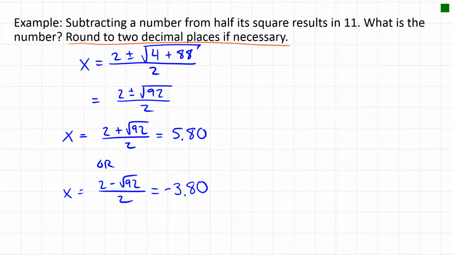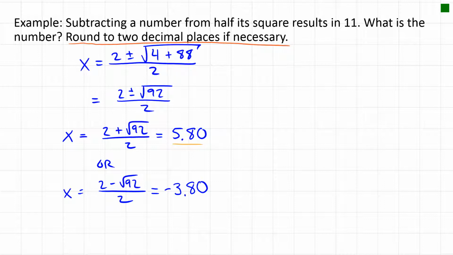So those are my two solutions, and I'm going to write this as a sentence, but just before I do that, I'm going to do a quick check. If I was to take 5.80, does it satisfy that original equation we had written?